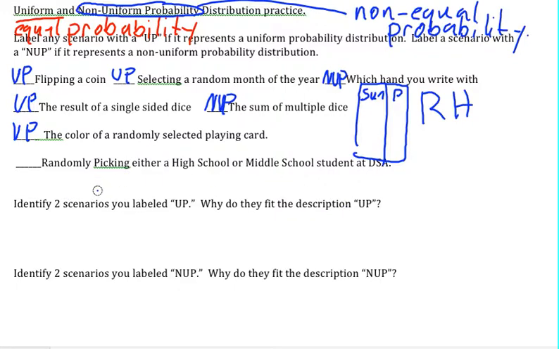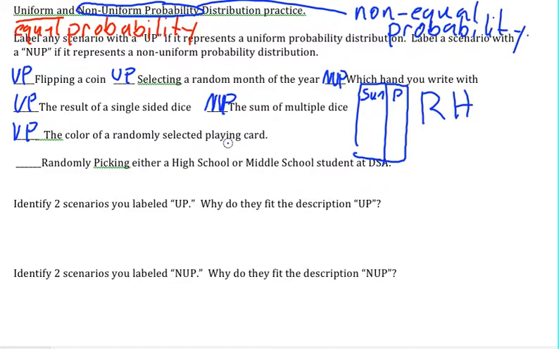This one, I guess, requires what's called institutional knowledge. You do need to know a little bit about DSA, but I was hoping that most people could guess this. If we randomly select a student at DSA, the probability they're in high school is greater and the probability they're in middle school is less. There are more high school students here than middle school students.